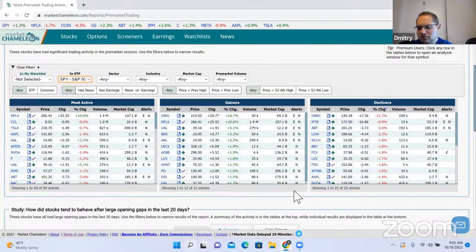So again, slightly more bearish bias at the open. We had a pretty volatile day yesterday, actually: up really big in the morning, sold down almost to unchanged, then rallied back up. So a lot of intraday volatility yesterday.